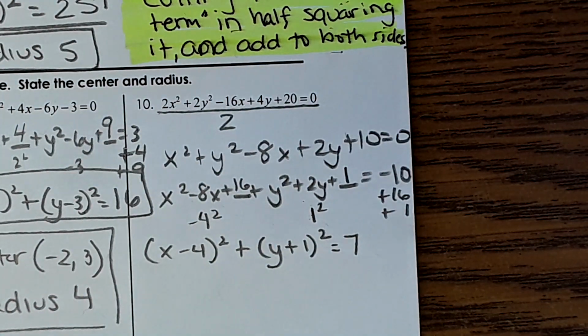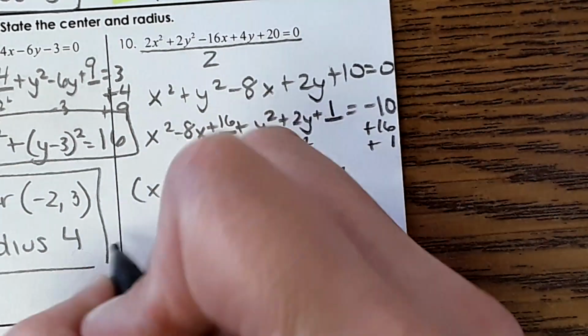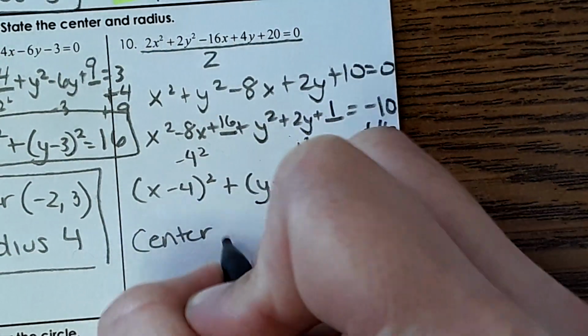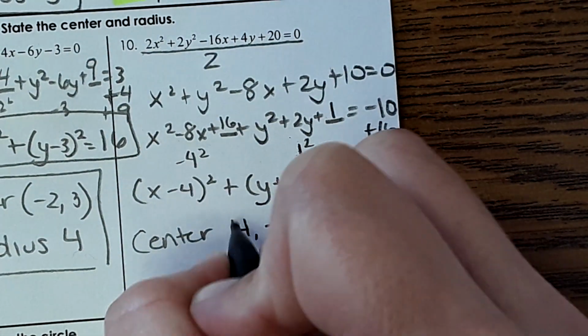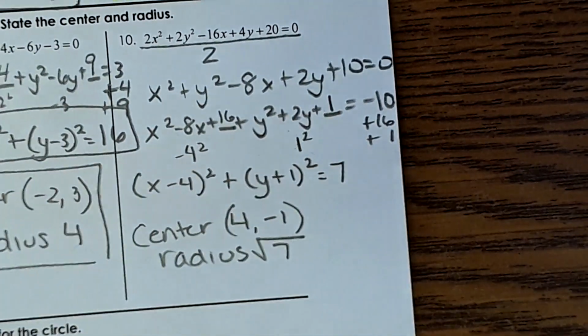What? 7? Did I write down something wrong? No, it's 7. Okay, so then the center is 4, -1, and the radius is square root of 7.